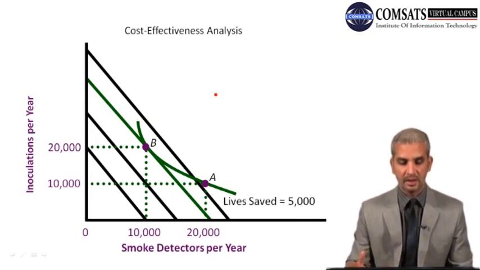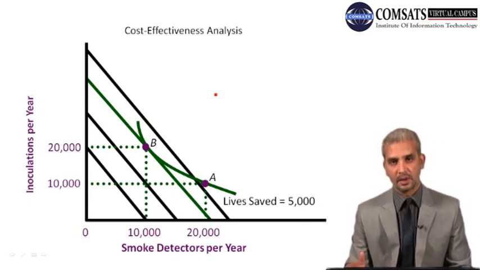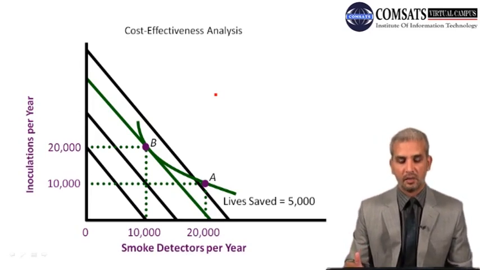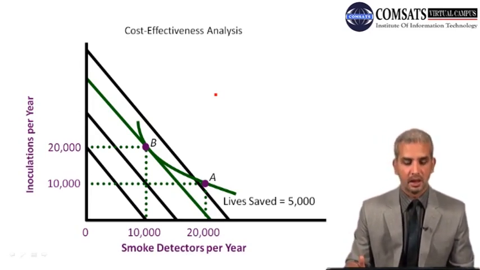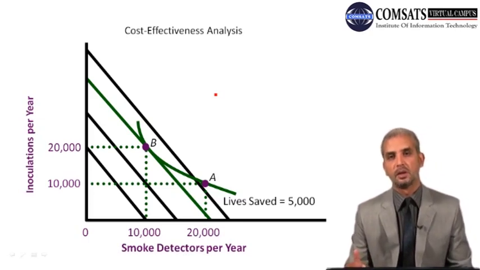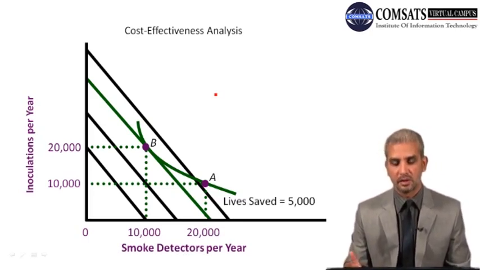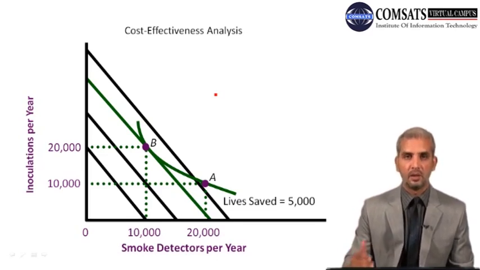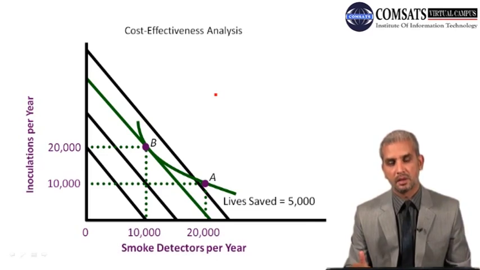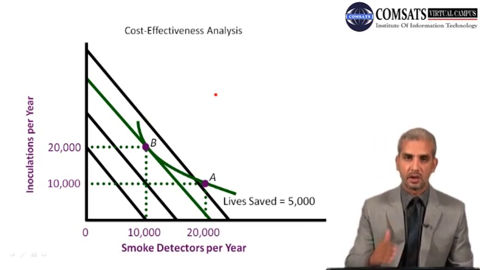That is why this ISO-QUANT represents 5,000 lives saved through various combinations of vaccinations and installation of smoke detectors. For example, point B represents 20,000 vaccinations and 10,000 smoke detector installations per year, and that would also save the lives of up to 5,000 individuals. There is a trade-off shown on the x and y axis because of the convex shape.